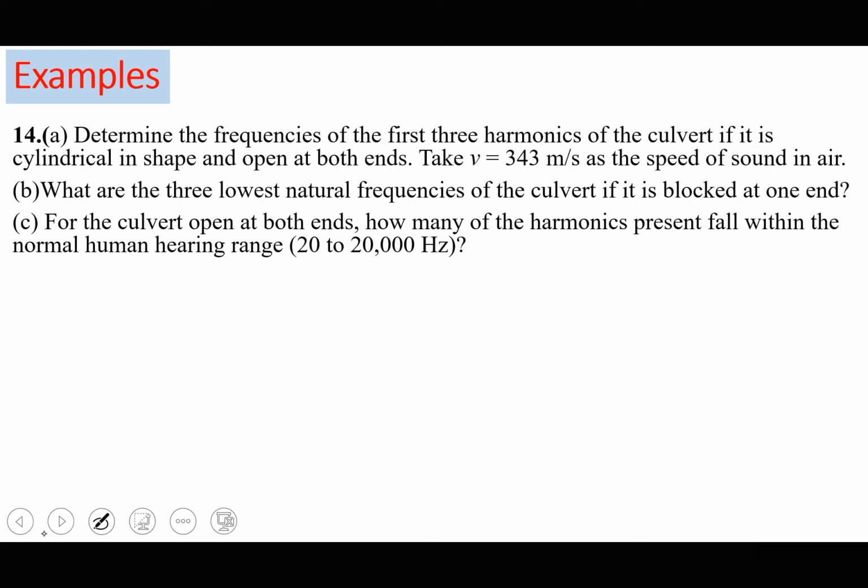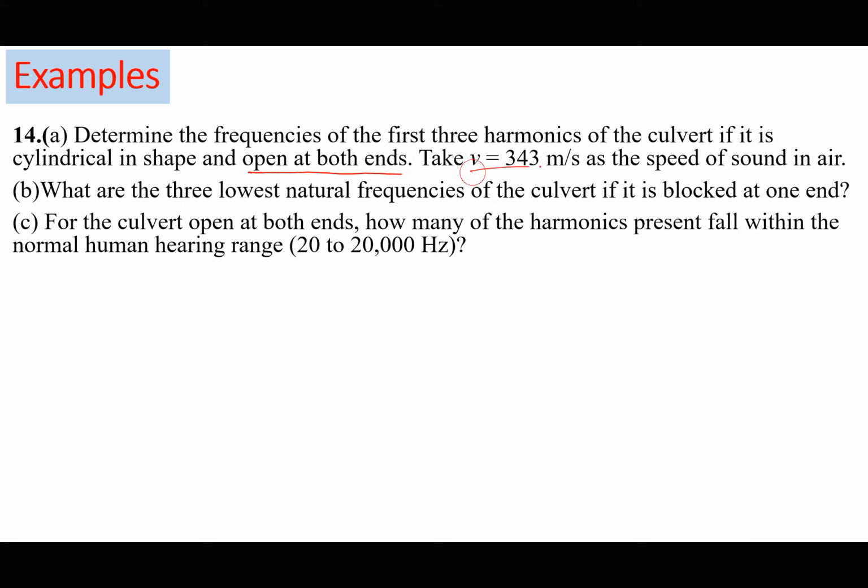Determine the frequency of the first three harmonics of the culvert if it is cylindrical in shape and open at both ends. So it is going to behave as if it is an open pipe.